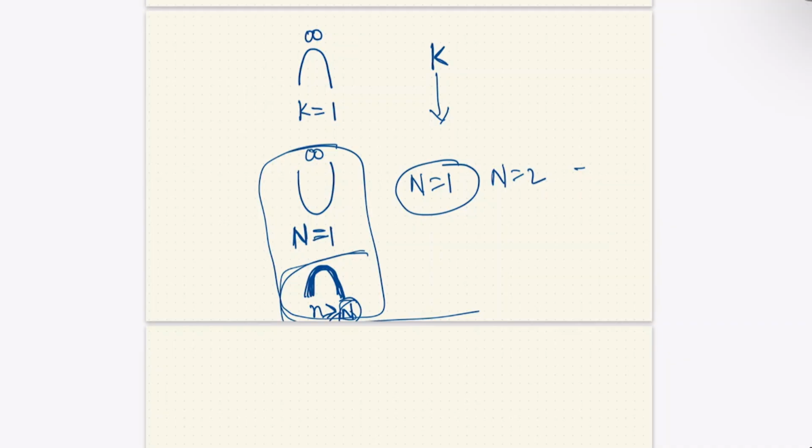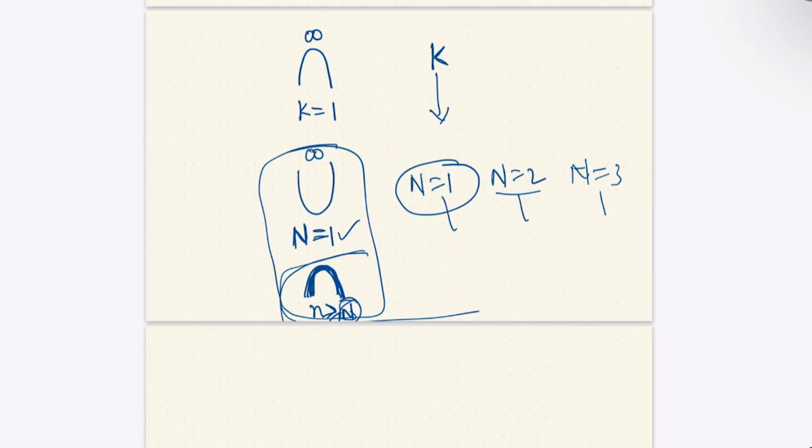We don't know the stage. If I give you k, you have to search for the stage, whether it is sitting at n equal to 1 or n equal to 2 or n equal to 3, n equal to 4 and so on. So for every choice of n you are determining a set, and for every n you are doing an intersection.